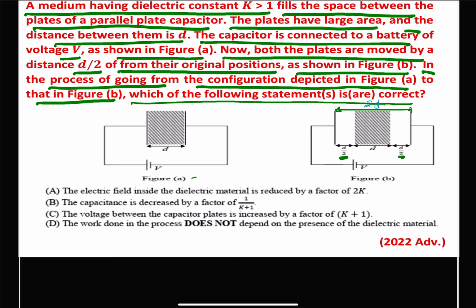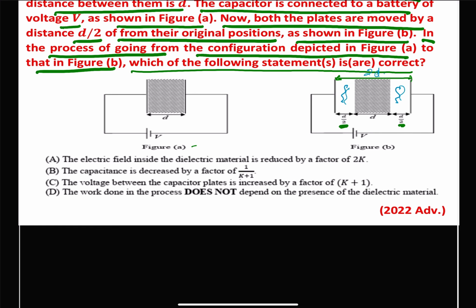And the dielectric, so on the left and right side, there will be the presence of air, and the voltage supply is still connected with the plates. So first of all, we have to find out which of the statements is or are correct.